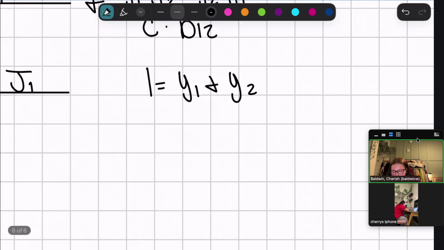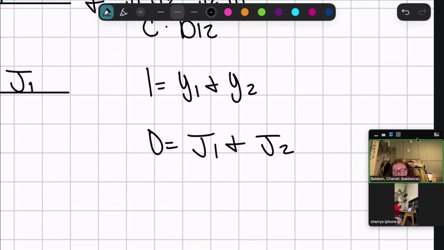And then if we think of diffusivity for steady state or ideal gas, diffusive flux of 1 plus diffusive flux of 2 is always equal to 0.